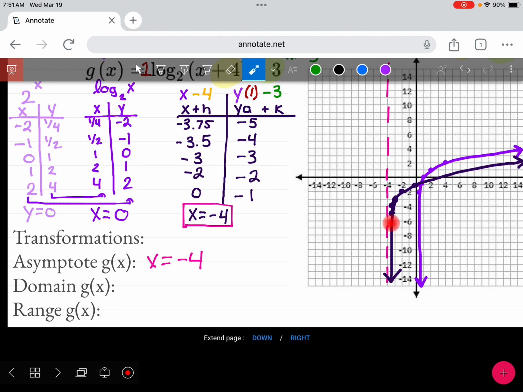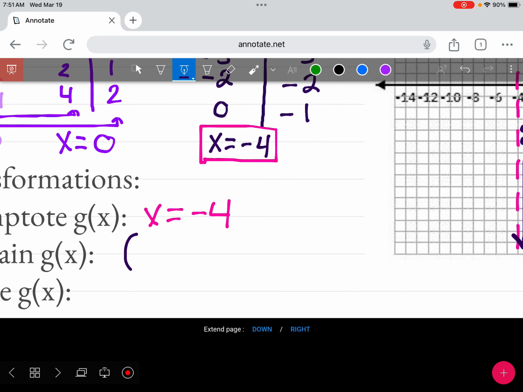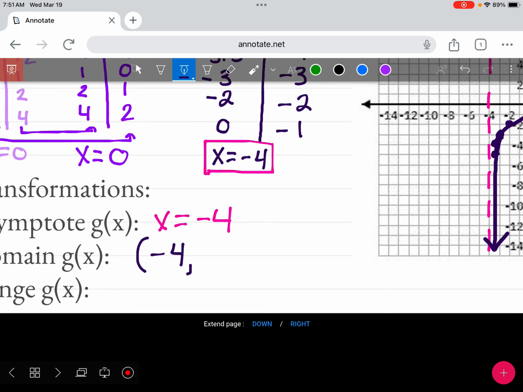Good. It's always going to involve our asymptote. It's getting as close as it possibly can to that asymptote without going through it. It's going to get very, very close. It's always going to be your asymptote. It's either going to be on the left or on the right, but your asymptote's always going to be there. So our domain is going to go from -4 to infinity.